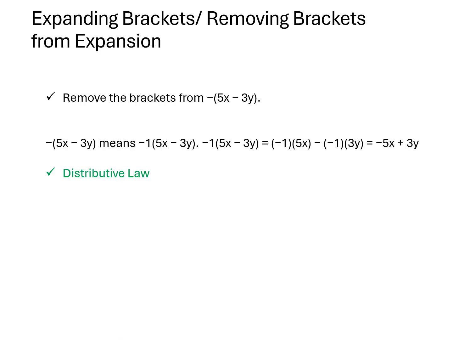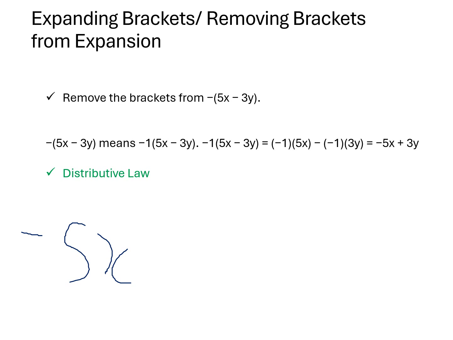Another example. Remove the brackets from negative (5x minus 3y). Same thing. So it's negative 1 times 5x, which is negative 5x. But look at this: negative 1 times negative 3y.